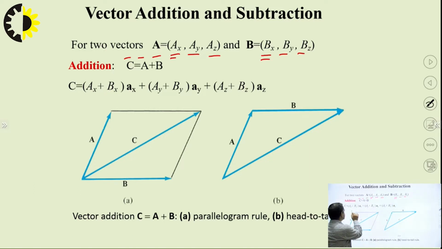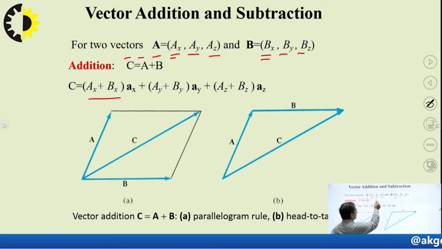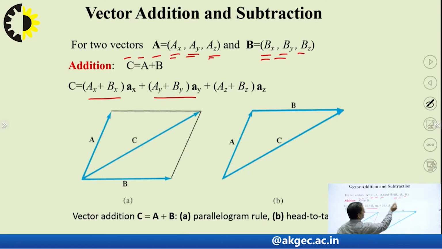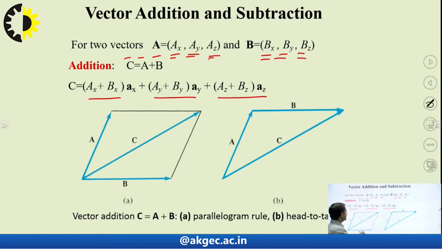So, in this case, Ax plus Bx into ax, plus Ay plus By into ay, then Az plus Bz into az. So, these are the components: Ax plus Bx, ax is the unit vector, Ay plus By, ay, Az plus Bz, az.